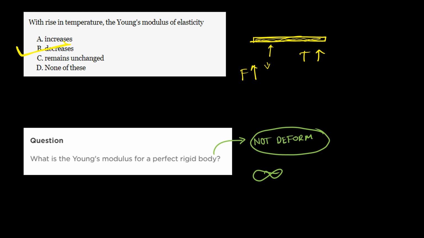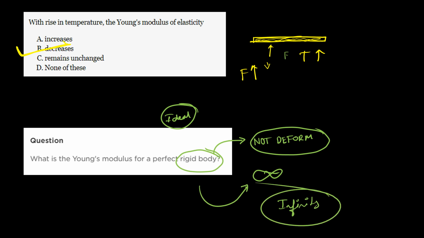So you cannot deform this at all. So how much force do you require? Infinite force. But there is nothing called a rigid body. This is an ideal condition we consider. However, for this question, the answer is infinity. I hope you are getting it.